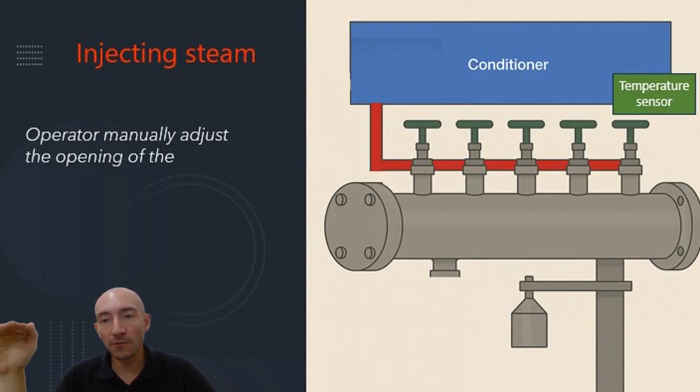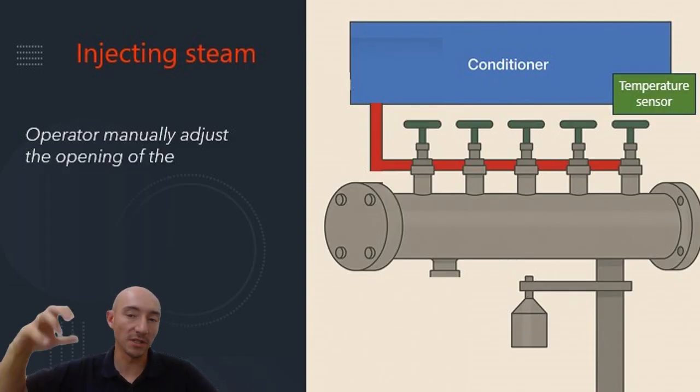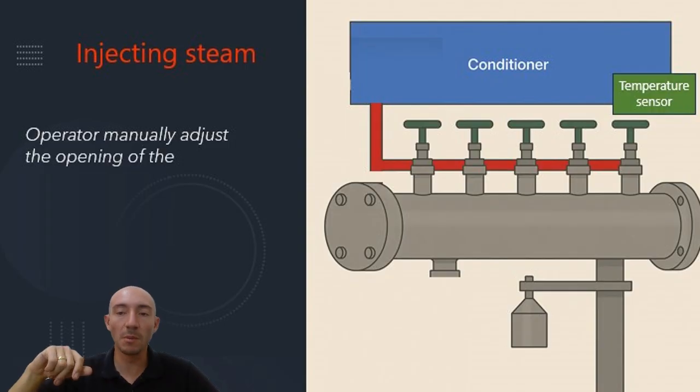So if you're aiming for 95 degrees, operator opens the valve. If it's reaching 97, which is more than 95, the operator closes a bit the valves. It will reach 93, which is less than what we want. The operator opens the valves a bit more. Keep doing that just to reach the temperature that we want, right?